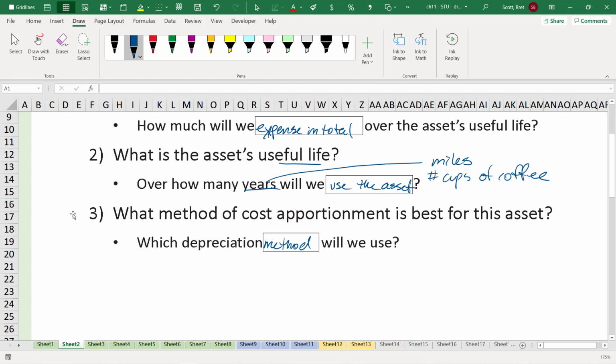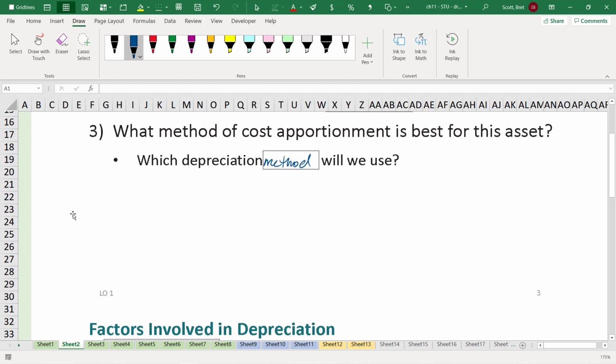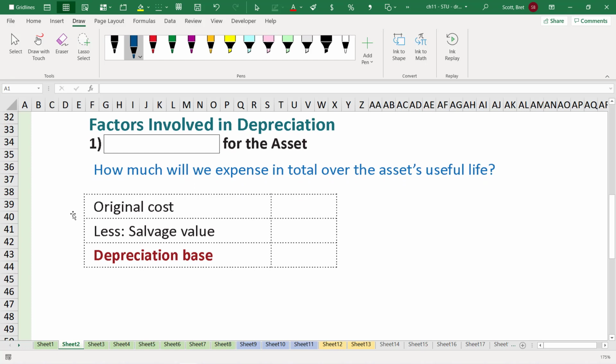Let's talk about each one of these questions in more detail. Factors involved in depreciation. The first thing we need to ask ourselves is about the depreciable base. What is the depreciable base for an asset?